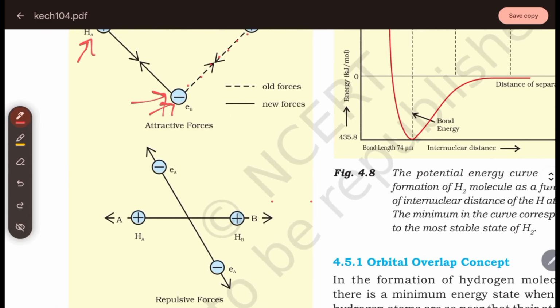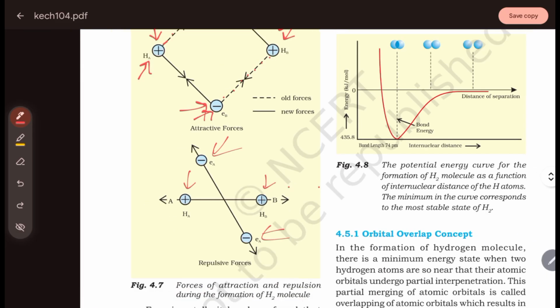And here we can see the attractive interaction and the repulsive interaction. Why repulsive interaction? Two positive nuclei when they approach will repulse. Two electron clouds when they approach will obviously repulse.